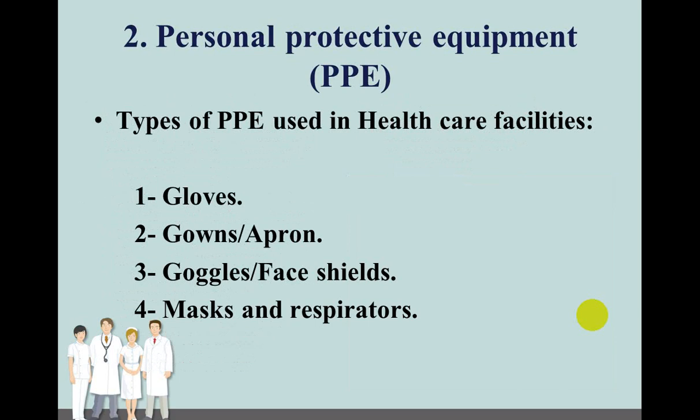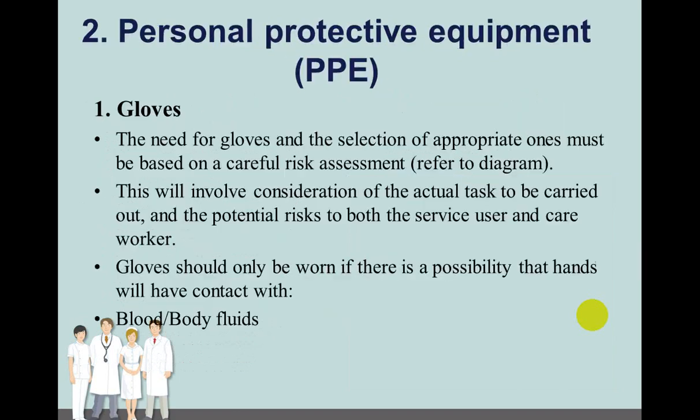Types of PPE used in healthcare facilities: gloves, gowns, aprons, goggles, face shield, masks and respirators. Gloves. The need for gloves and selection of appropriate ones must be based on a careful risk assessment.